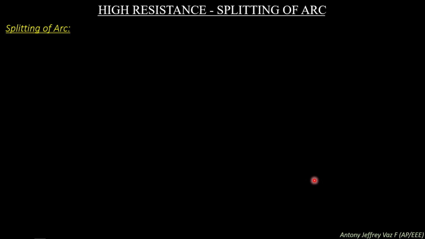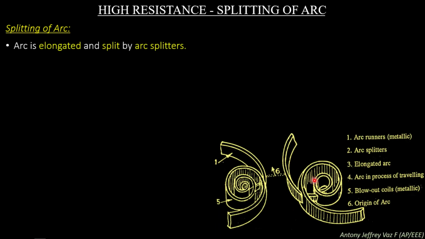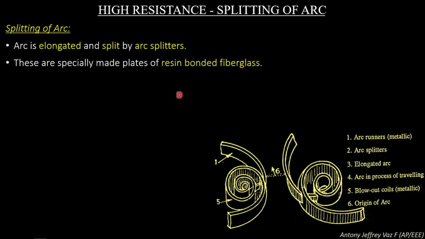Splitting of arc. The arc is elongated and split by arc splitters. This figure shows the arc splitters. These are specially made plates of resin bonded fiberglass.